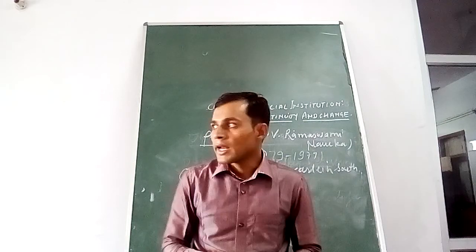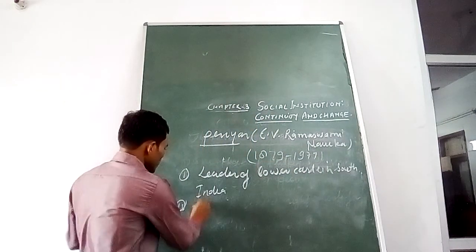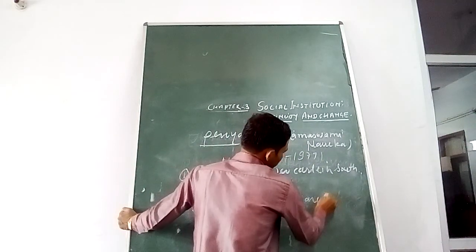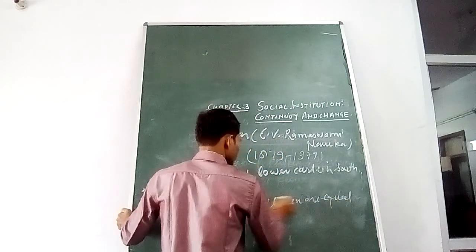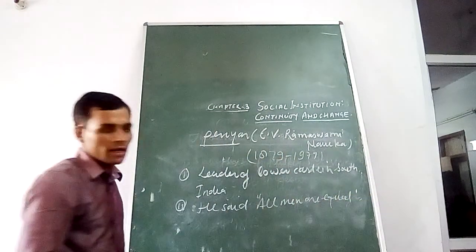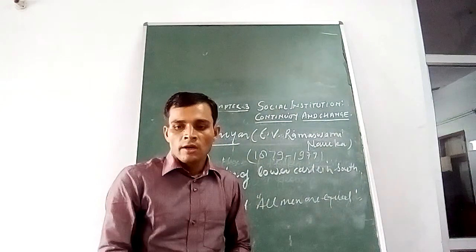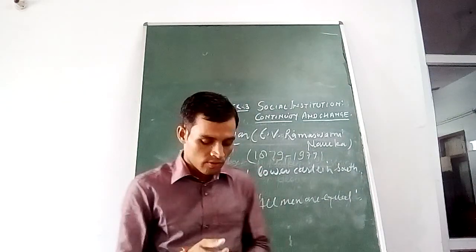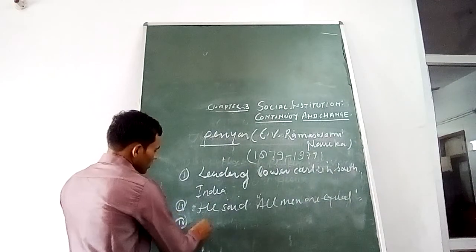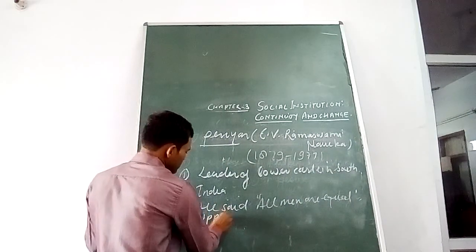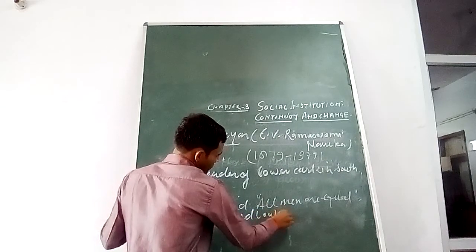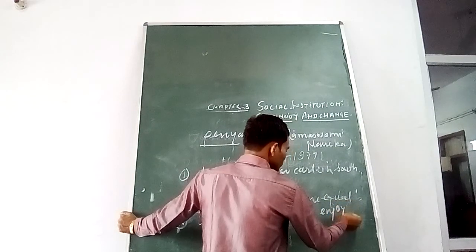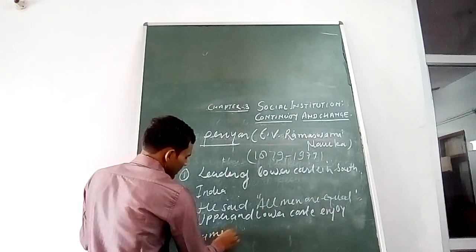So, all men are equal according to him. He said, all men are equal. This is the statement given by Periyar. Equality and liberty, both rights given to the upper class, the same for the lower caste. Upper and lower caste enjoy the same rights.